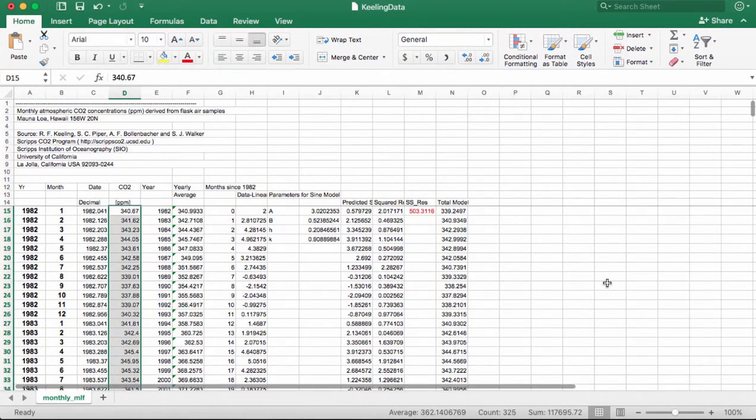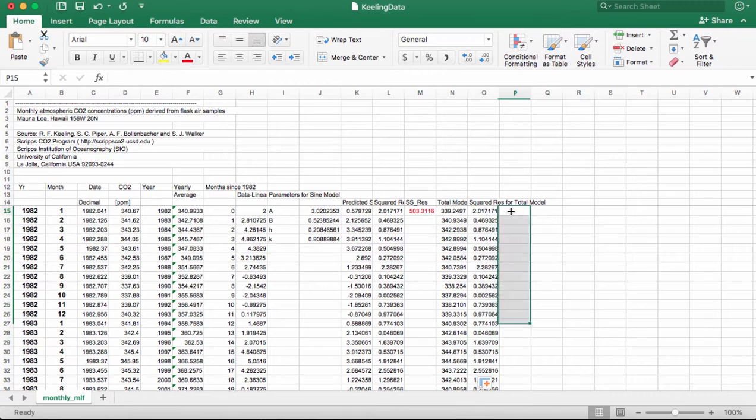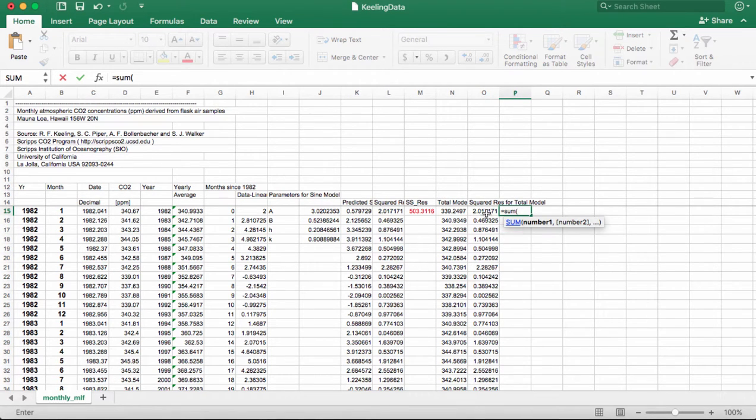Good work, Gus. And if we wanted the sum of the squared residuals for everything, well, here I'll do squared residual for total model. Whoops. So that's going to be our observed minus predicted quantity squared all the way down. And then now I'm going to add all of those up.